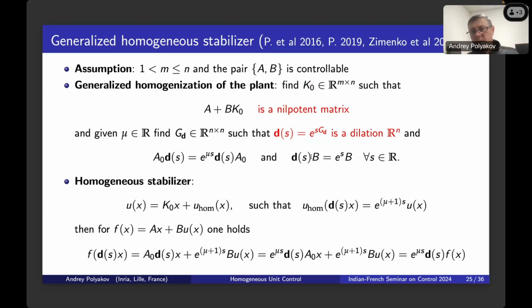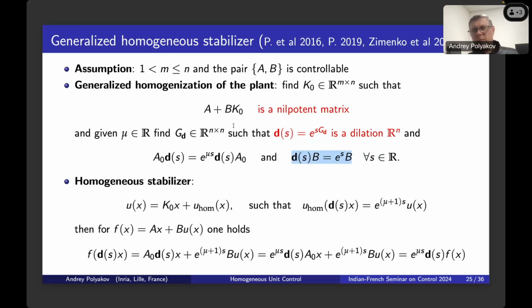And this generator, in fact, can be selected such that we also have the homogeneity property for the matrix B, the control matrix. And next we design a homogeneous stabilizer for the already homogenized part.